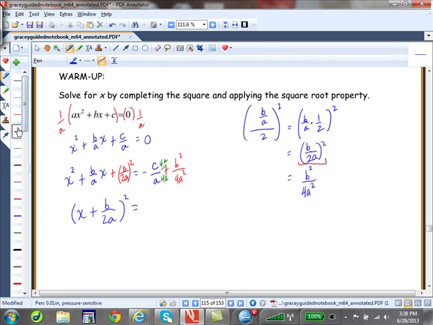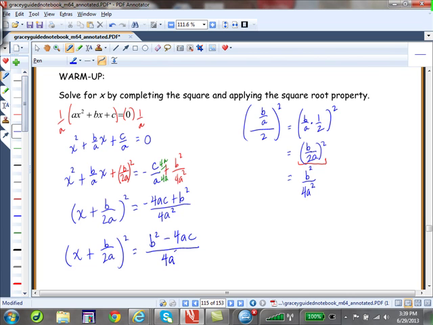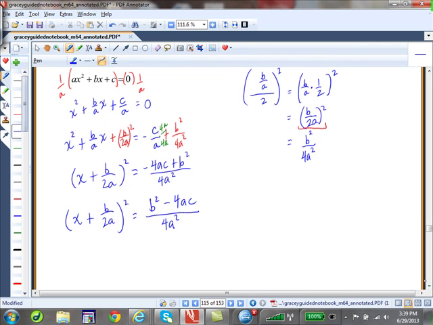So now we'll have this is equal to negative 4ac plus b squared all over 4a squared. Now, let's do one more rewrite on the right-hand side so it looks prettier. We'll have b squared minus 4 times a times c all over 4a squared. You hanging in there so far?